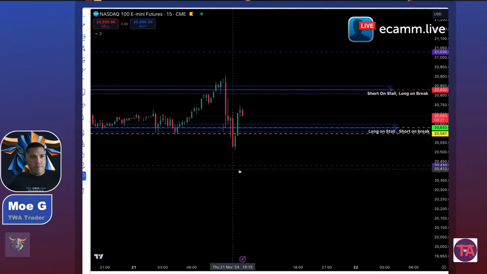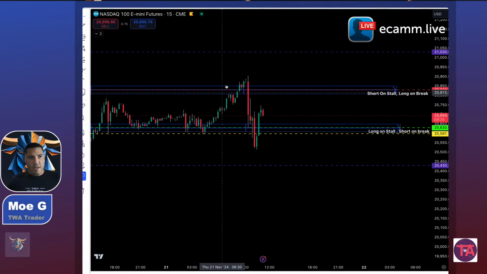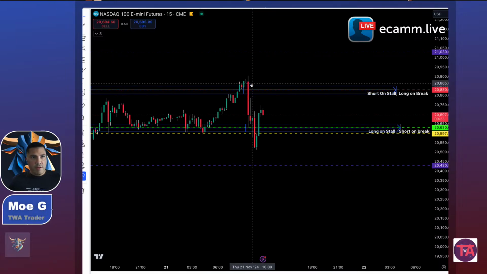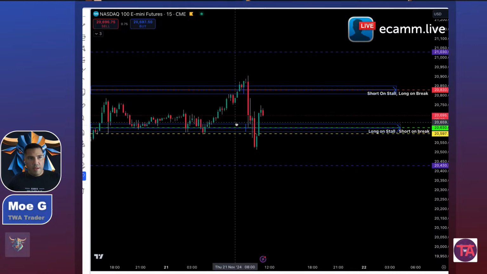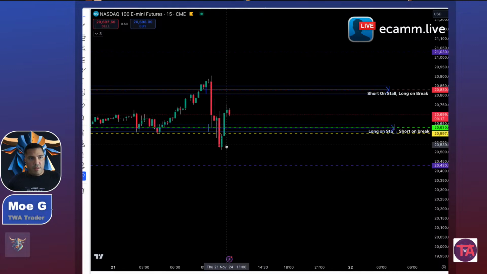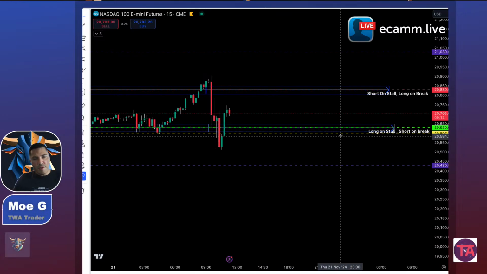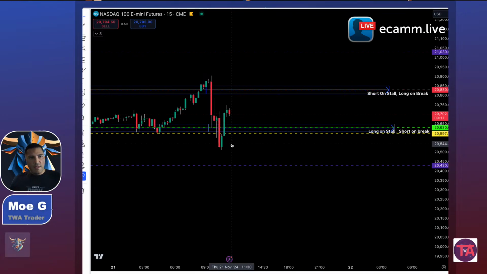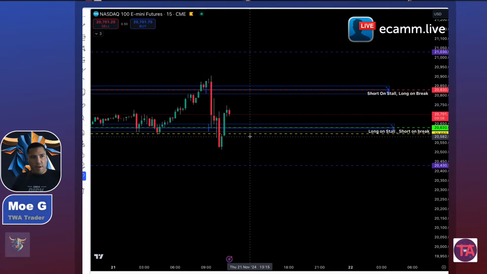It didn't hit my possible low of the day, which is fine because I caught this 15-minute candle down, and you can see where it flipped. Once it passed this area, see how it stalled? So the way you look at this is if it stalls anywhere from here down, you can look to go long.